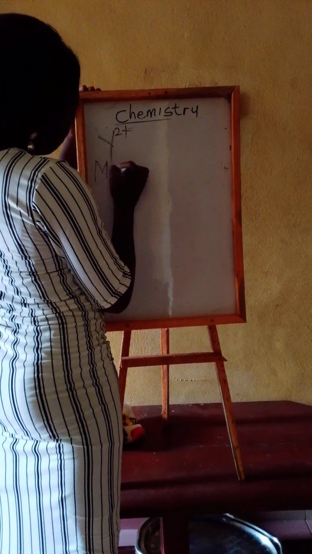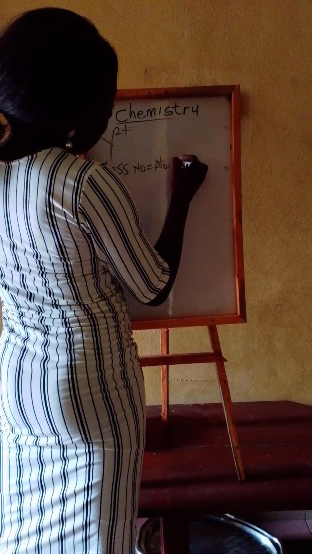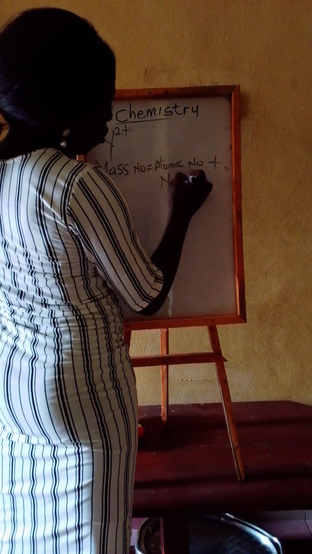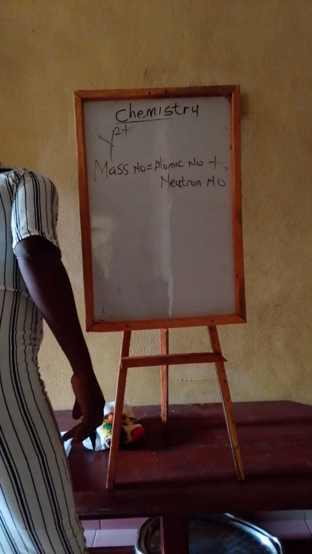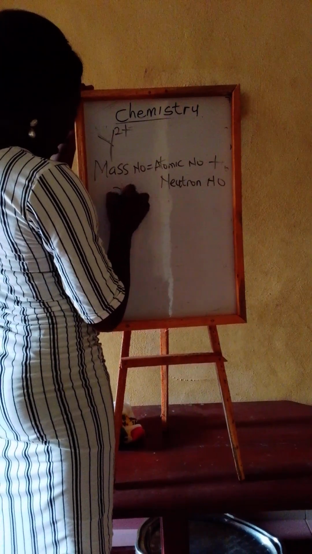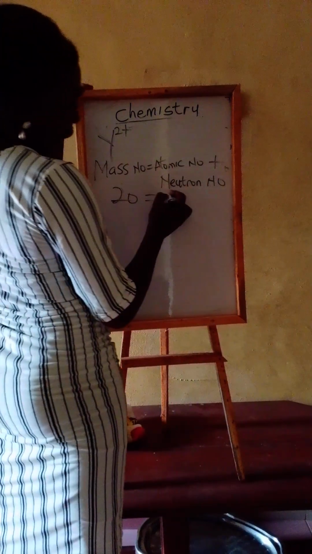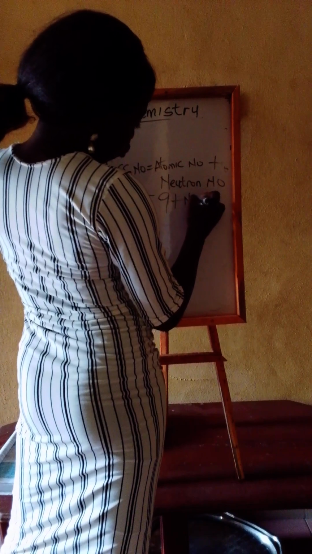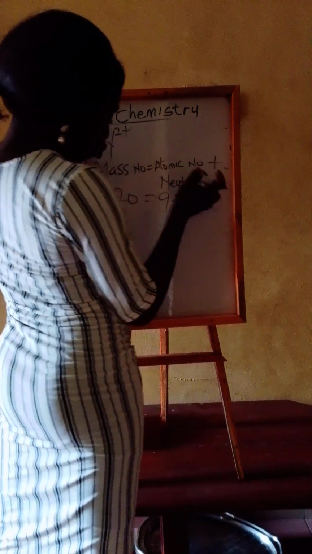Remember, mass number equals atomic number plus neutron number. So what's the mass number? The mass number is 20. 20 equals 9 plus neutron.